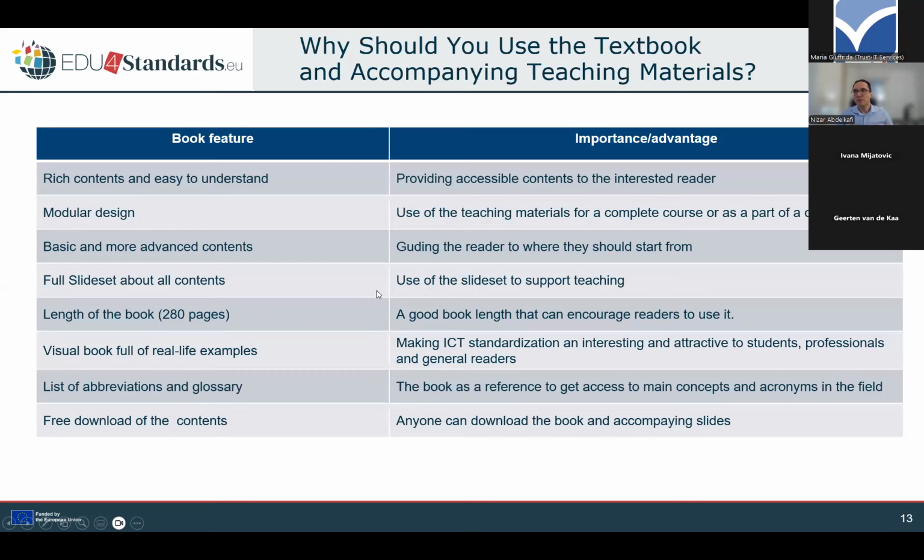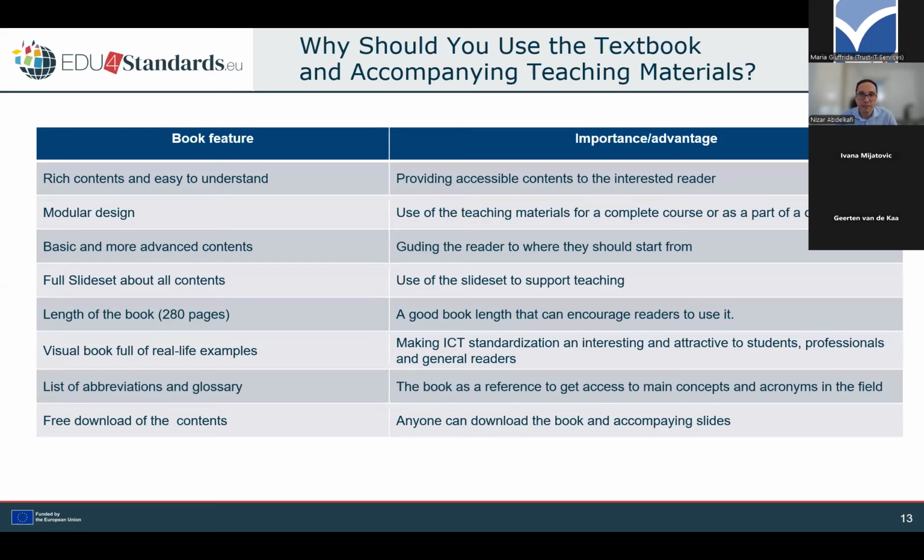Okay, in a nutshell, if I try to summarize, the book has rich contents and is accessible to interested readers. Its writing style, I think, is very accessible, and there are many pictures and illustrations. Its modular design makes it possible to start from whatever chapter the students are interested in.